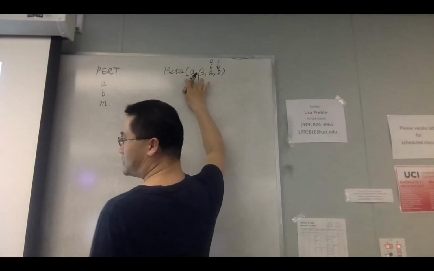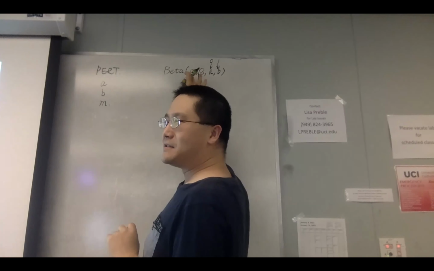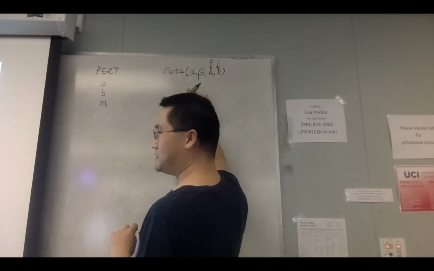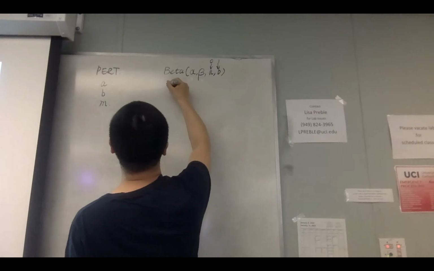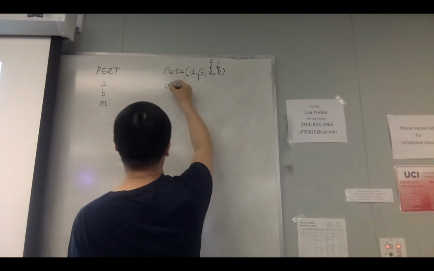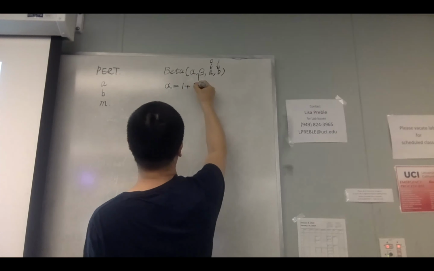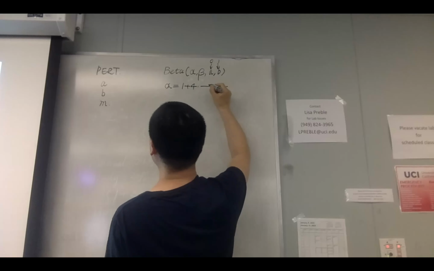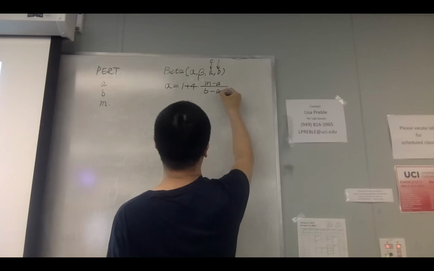But still, there are two parameters we need to find before we can define a beta distribution, right? So how are these two related? It turned out that if we use the PERT approximation, it would mean that alpha is equal to 1 plus 4 times (M minus A) divided by (B minus A).